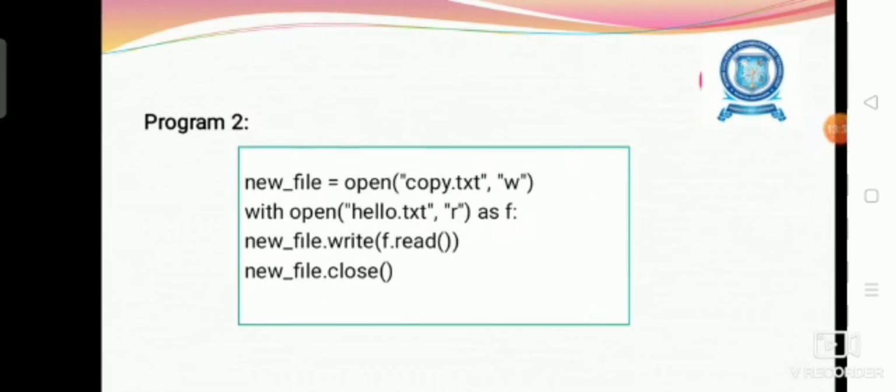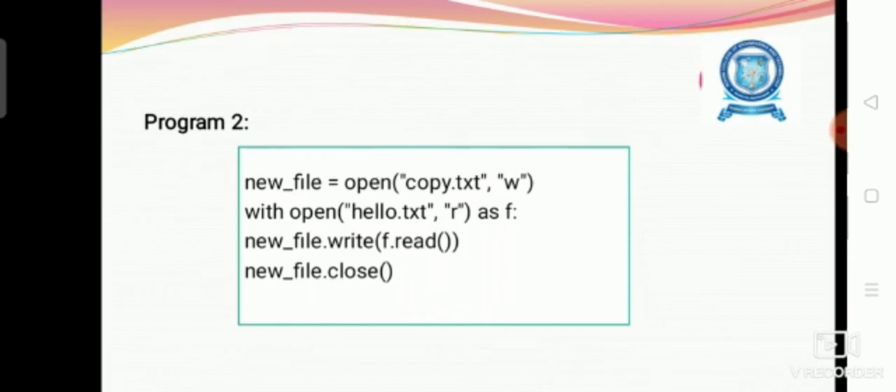new file equal to open of copy.txt comma w. We are opening the copy.txt file by using the open method, and we are opening the file in w mode, and we have created the file object new file for this file. Then we are opening the second file, that is with open of hello.txt comma r as f.